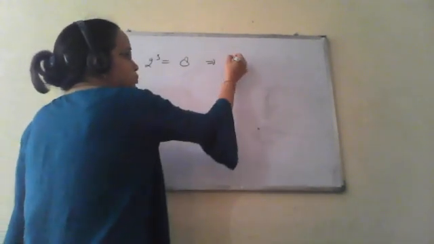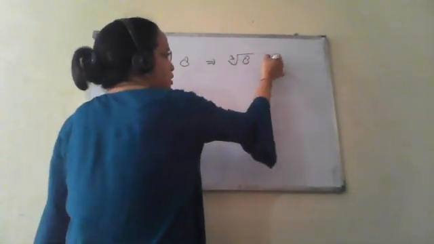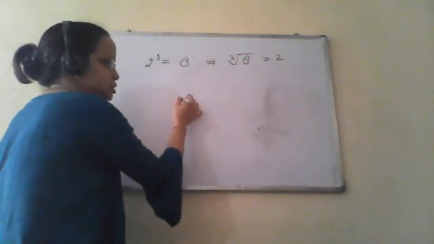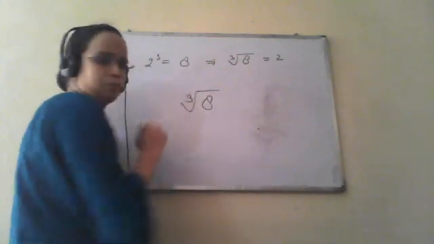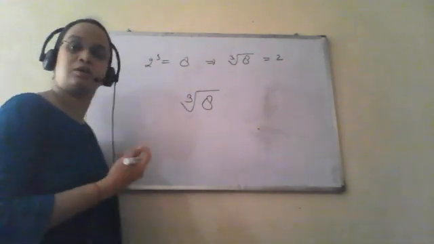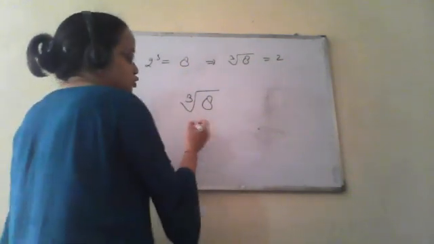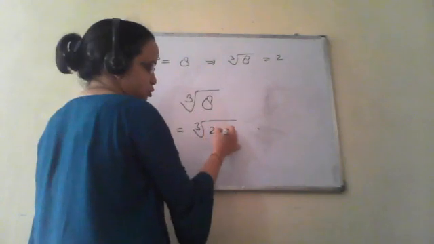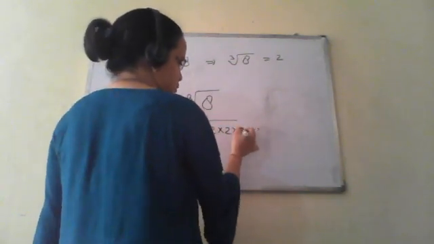So the cube root of 8 will be 2. This is the sign of cube root, which means cube or third power of. So what is the basic fundamental? Actually 8 can be written as 2 into 2 into 2.